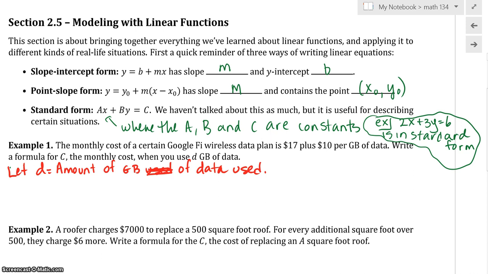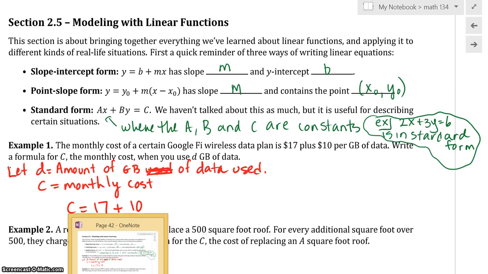And what we want to know, C, is the monthly cost. So what is a formula for C? C is going to be, let's read it again. The cost is $17, so 17 plus $10 for every gigabyte of data used. So we've done this before, but 10 is the slope, isn't it? 17 is the initial plan, 10 is the slope.